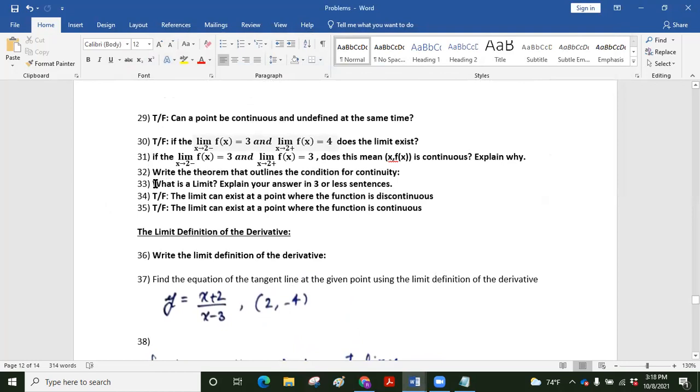So let's look at another one. Write the theorem that outlines the condition for continuity.